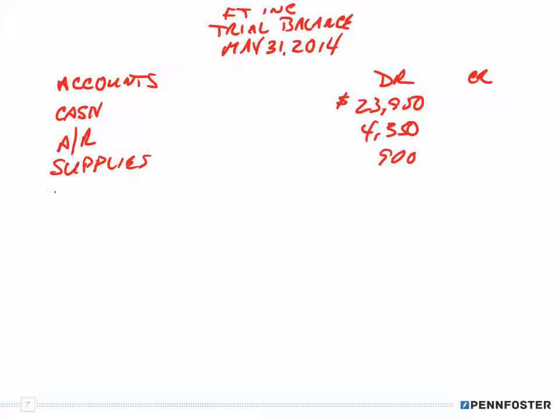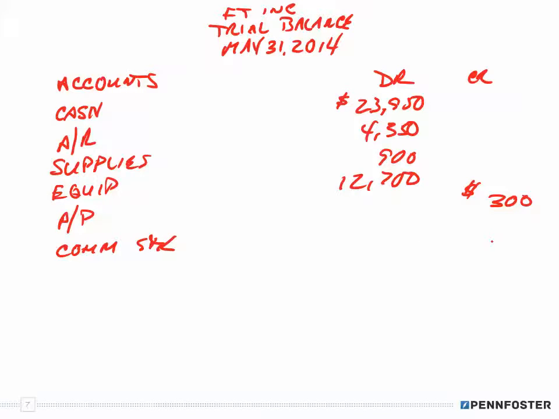Then we have equipment, and that was for 12,700. Then I had accounts payable, and notice that that's a credit for $300. It's the first number in that column, so I have to put the dollar sign there. Then I have common stock, and that's for 35,000.